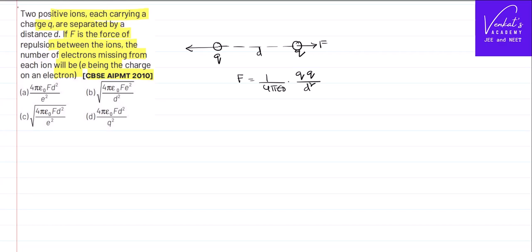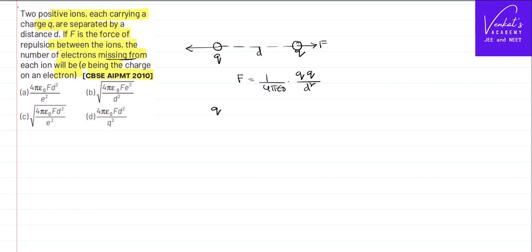But he is asking what is the charge that it has. So this q became positive because some of the electrons have been taken away from it, right? It became as much positive as the number of electrons that are removed from it.